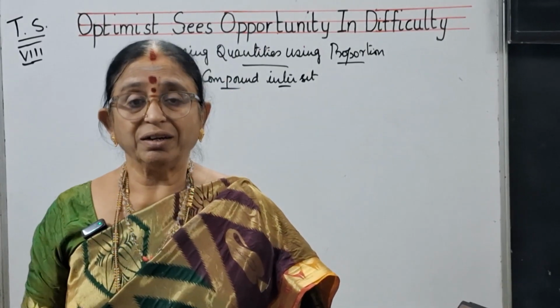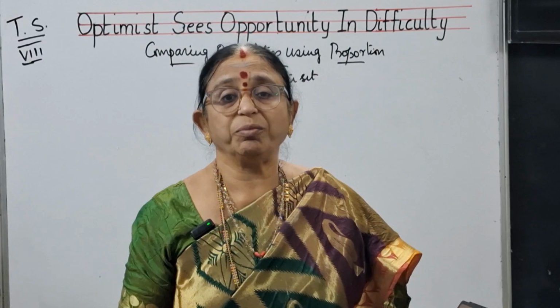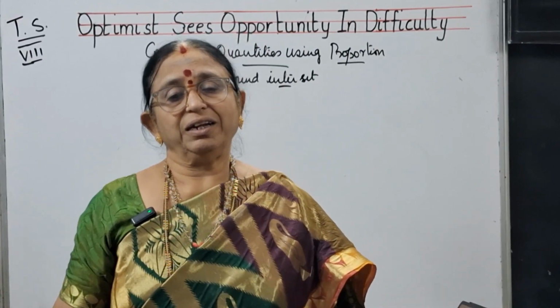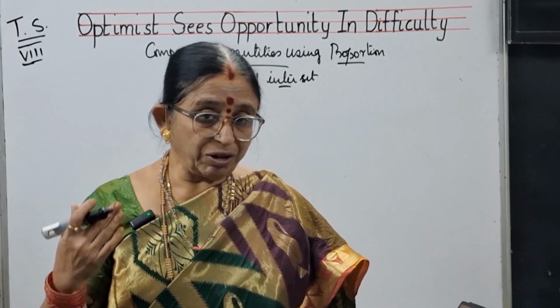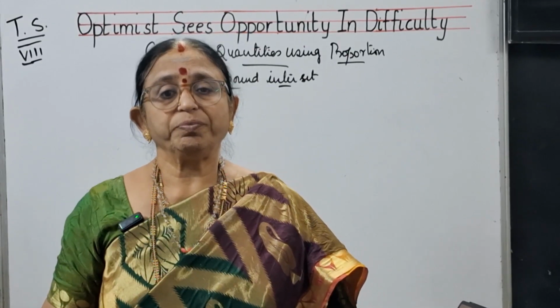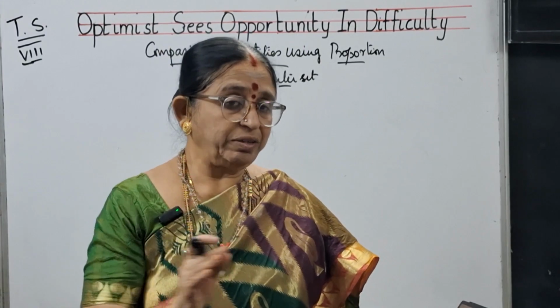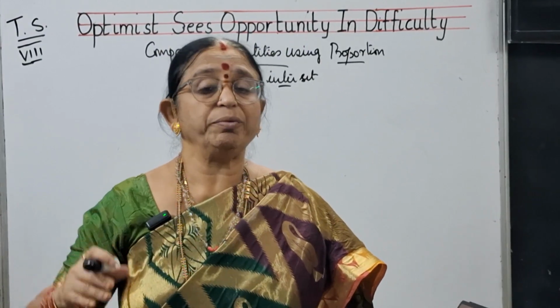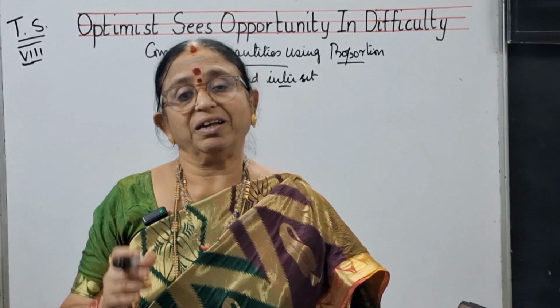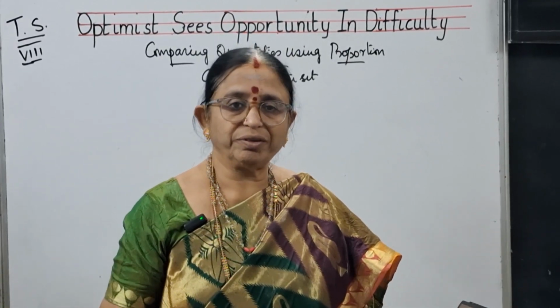So if anybody borrows an amount from a money lender, then definitely they will pay more than how much they have borrowed, in the form of interest. Both together will be much more than what he has actually borrowed. So one should have a thorough knowledge about this interest.